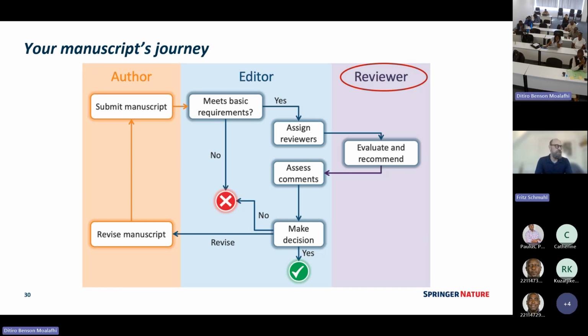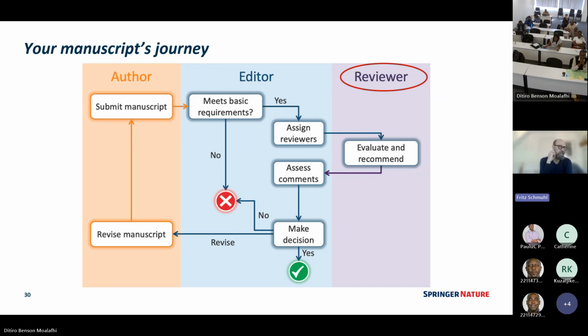It is sent then to the review process, and that handling or associate editor will then invite reviewers. It goes out to review. This can take a couple of months.